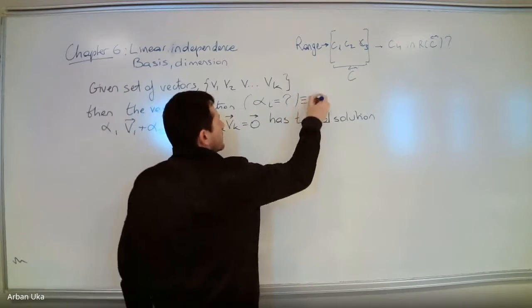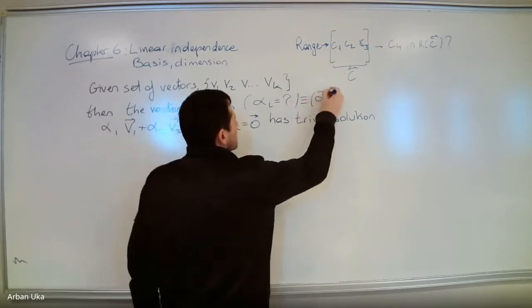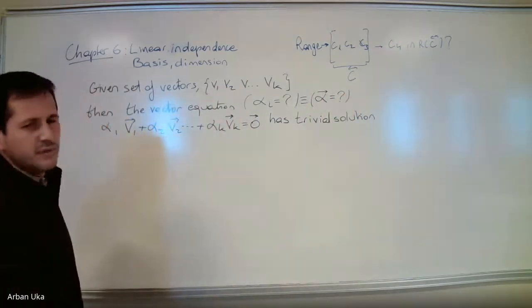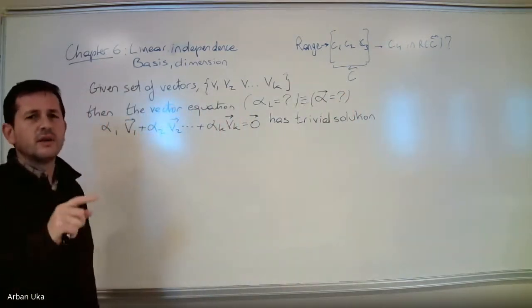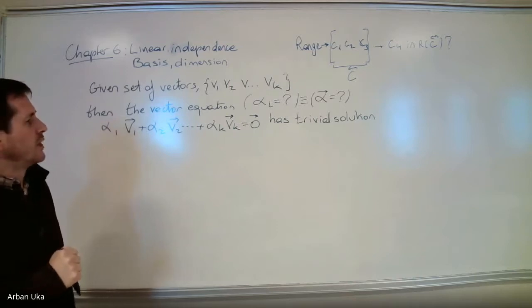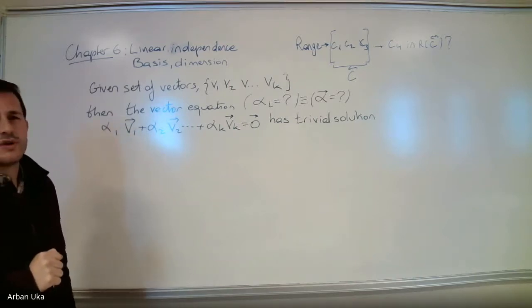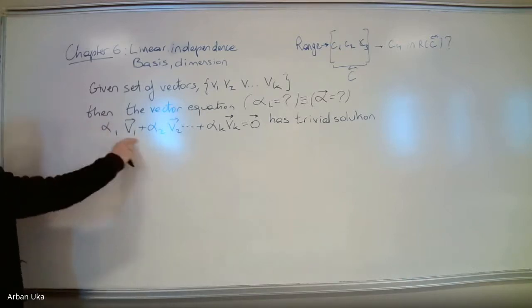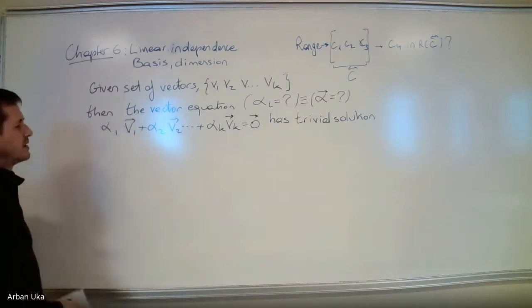This is equivalent to asking: what is the solution vector alpha? Which means that if we have three vectors, we're looking for alpha 1, alpha 2, and alpha 3, a vector composed of a triplet of numbers. And we say that this vector equation has a trivial solution.